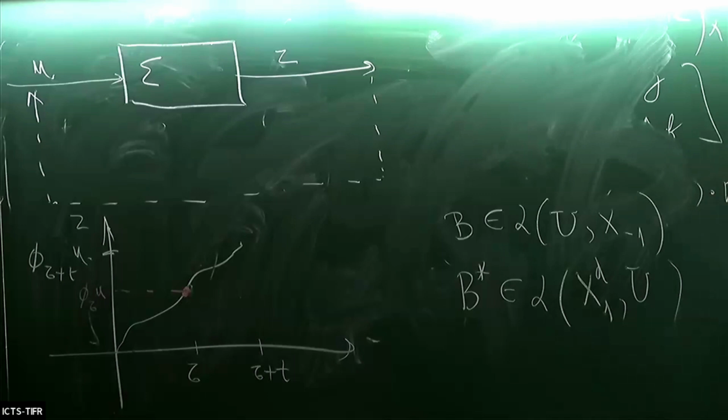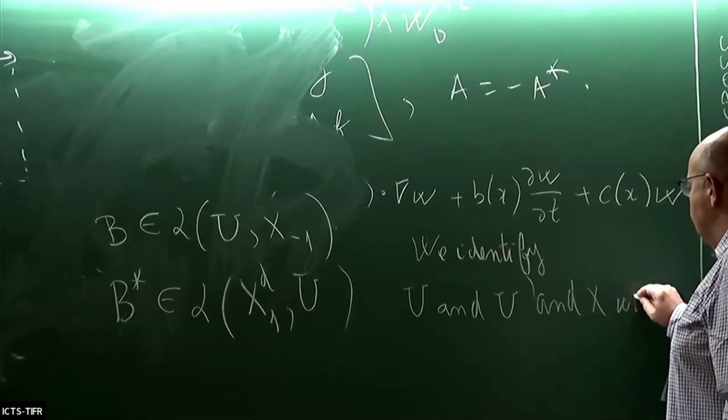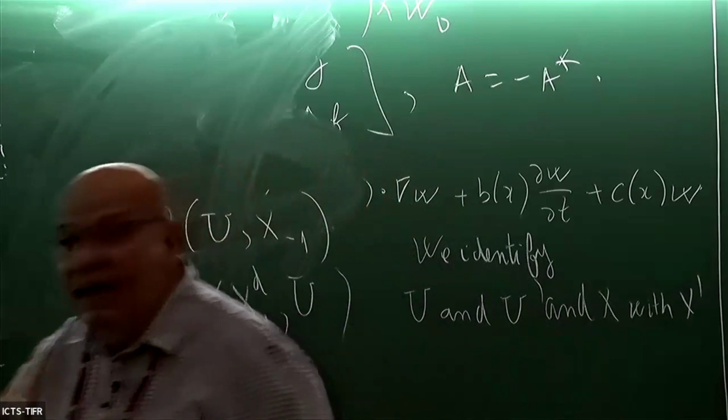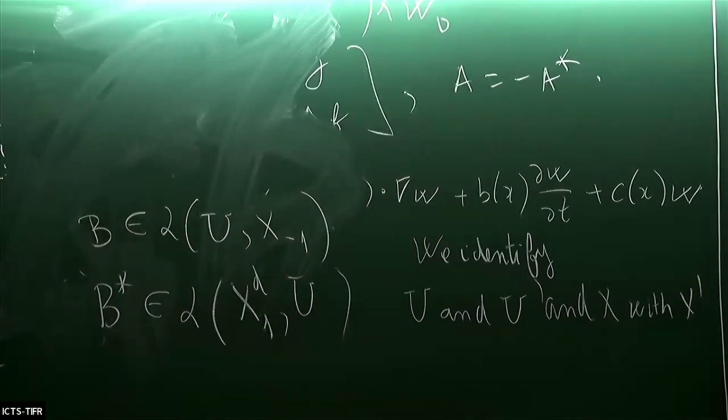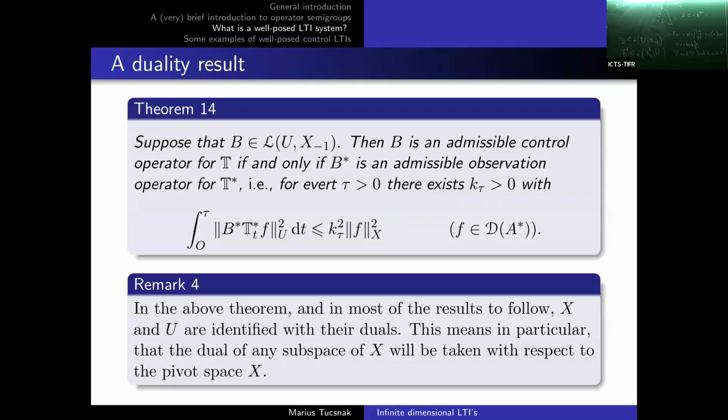That in that formulation, we identify, most of the time, U and U prime as dual, and X with X prime. So if you do, for instance, identify X with its dual, you can no longer identify X1, D of A star, with its dual. You are obliged to use duality with respect to X. But of course, this would be true for every duality.